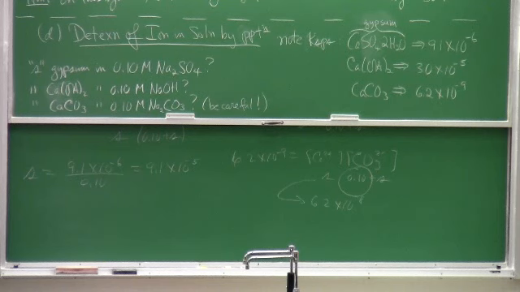We got to go back to chapter 18. Will you write Kb carbonate, which is 2.1 times 10 to the minus 4, equals bicarb molarity times hydroxide ion molarity divided by the equilibrium molarity of carbonate ion? So you'll have x squared over 0.10 minus x, won't you?